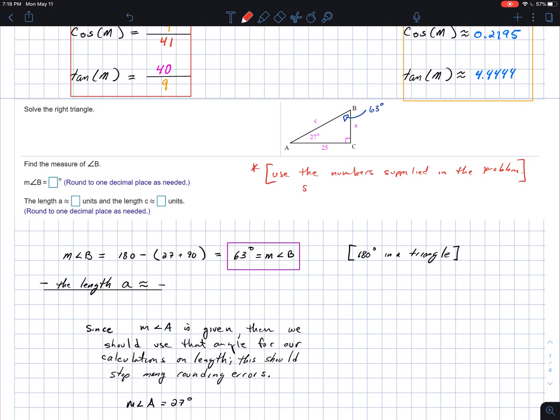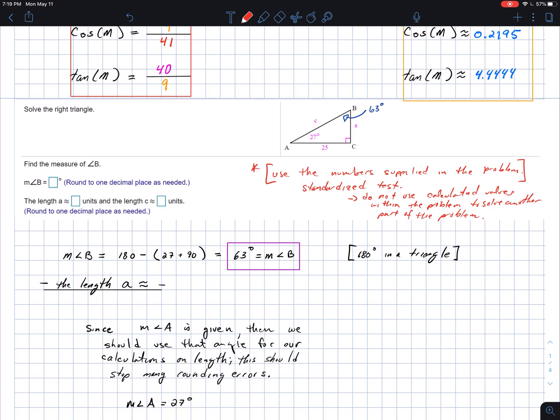On a standardized test, do not use calculated values within the problem to solve another part of the problem.